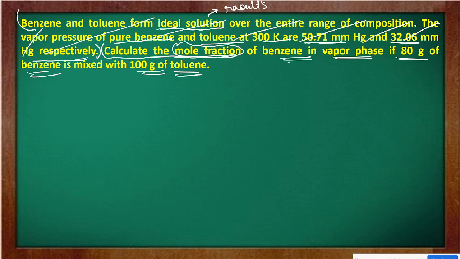Calculate the mole fraction of benzene which is present in the vapor phase if 80 gram of benzene is mixed with 100 gram of toluene. To calculate the mole fraction, first of all we have to determine how many moles of benzene are present in 80 gram of benzene. For that we have to calculate the molar mass of benzene.